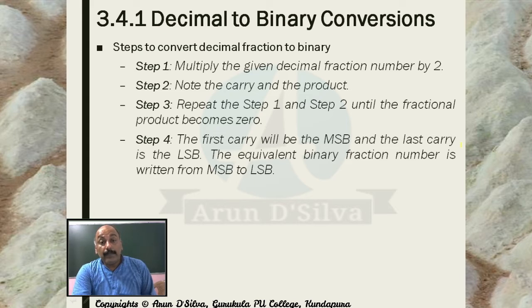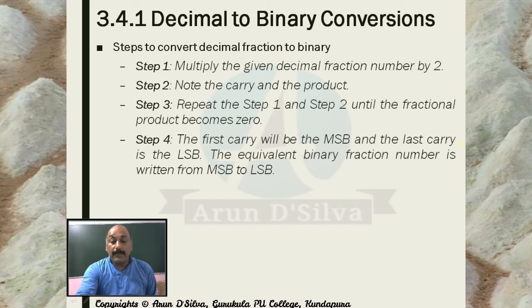The equivalent binary fraction number is written from MSB to LSB. This is the opposite of the integer part conversion, where the first remainder becomes LSB and the last remainder becomes MSB. Here the first carry becomes MSB and the last carry becomes LSB.